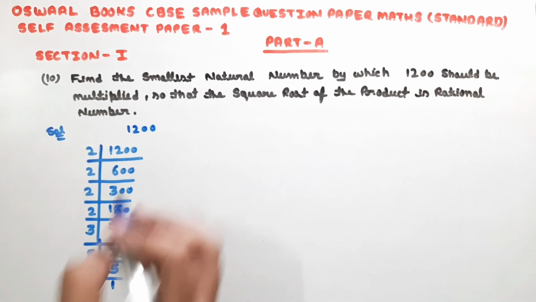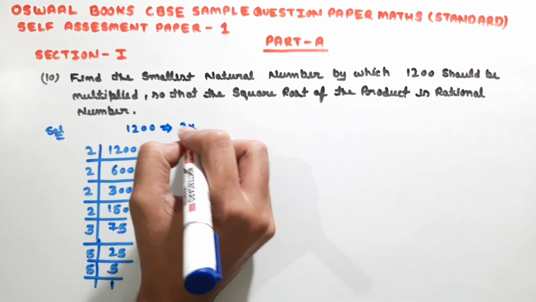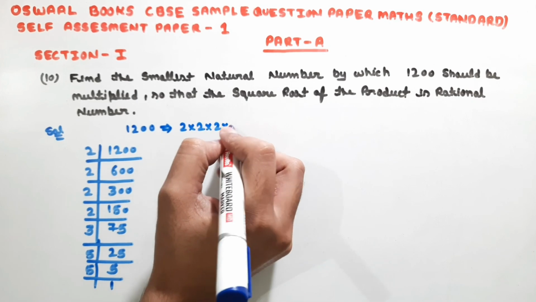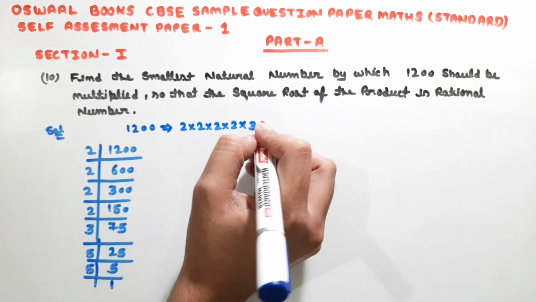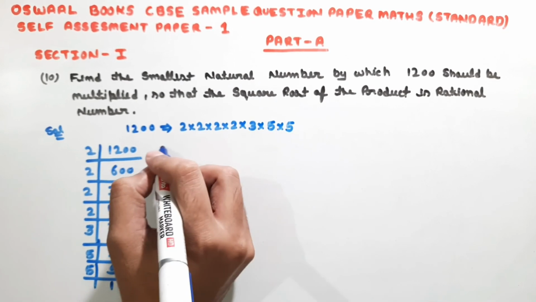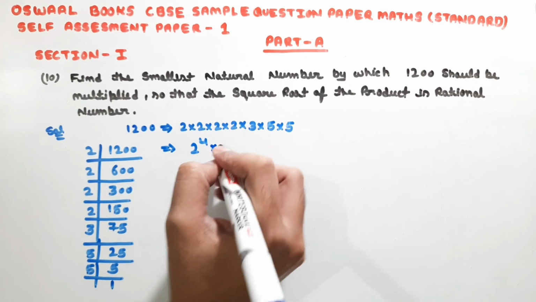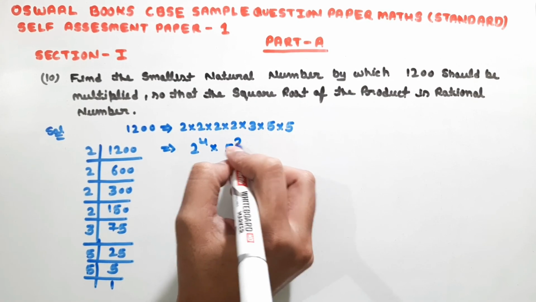So the prime factorization of 1200 will be 2 into 2 into 2 into 2 into 3 into 5 into 5. This will be equal to 2 to the power 4 into 5 to the power 2 into 3.